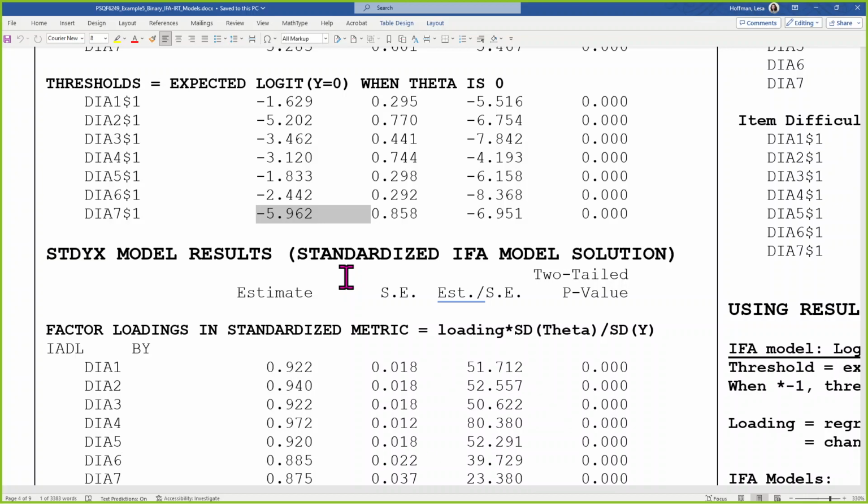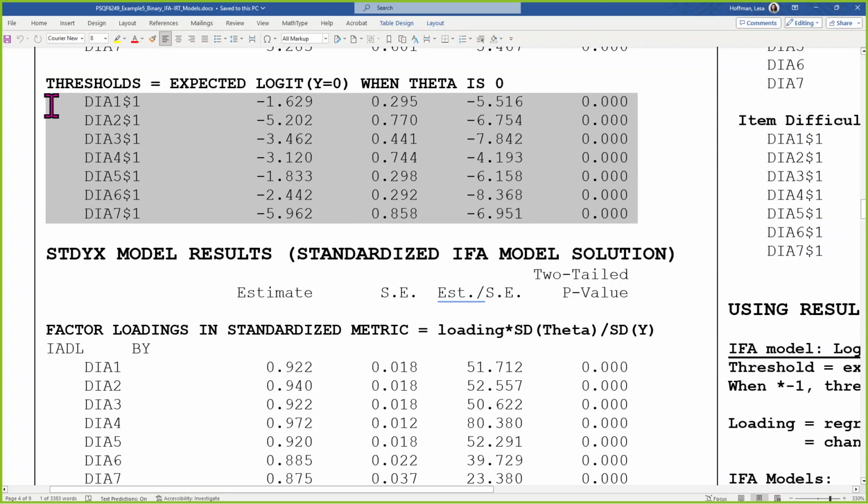So that's where thresholds actually kind of do make more sense than intercepts. Arguably, thresholds make more sense than intercepts, but the double negative just hurts my brain. So the way that I think about this is that these numbers are a profile for what you can expect for failure for the average person. Like a theta of 0 gets you these. This person is unlikely to fail at any of these items.